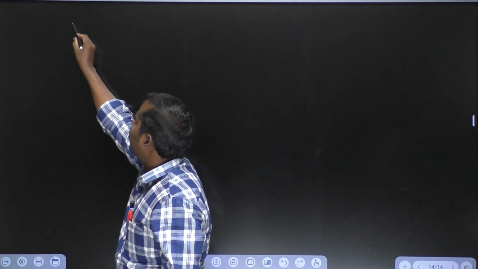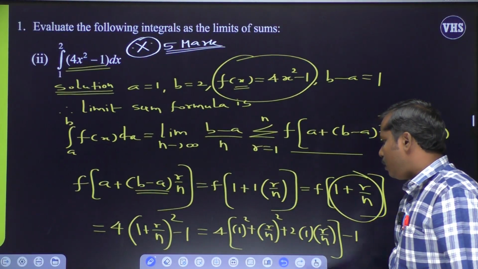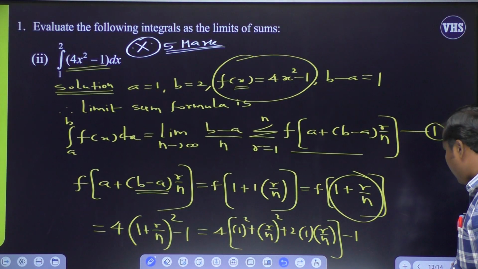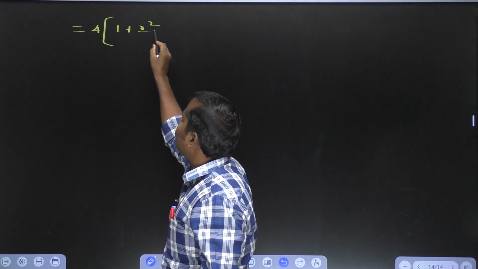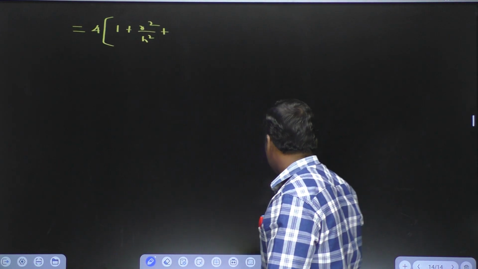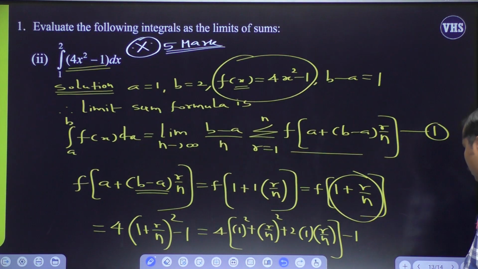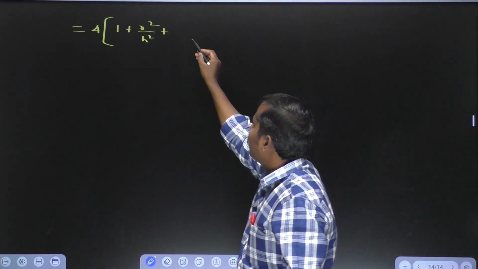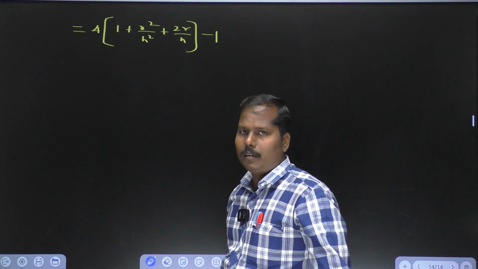So which is 4 into, what are you getting there? 1 squared is 1, r squared by n squared, 1 plus r squared by n squared, plus 2 1s are 2, 2r by n, close the bracket, minus 1.